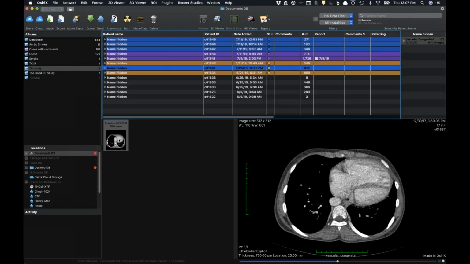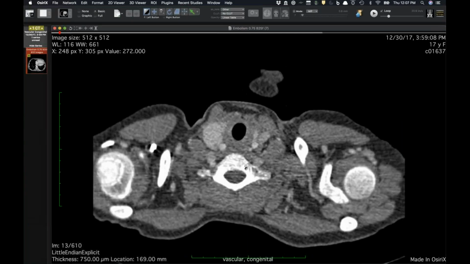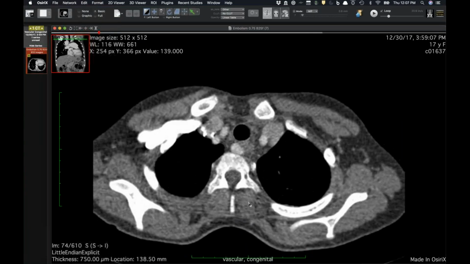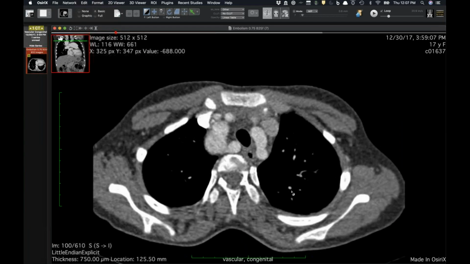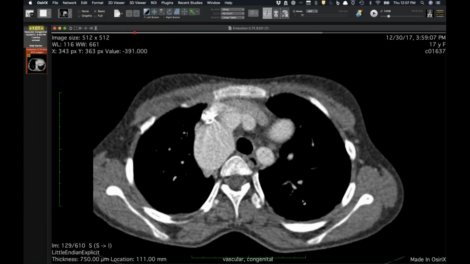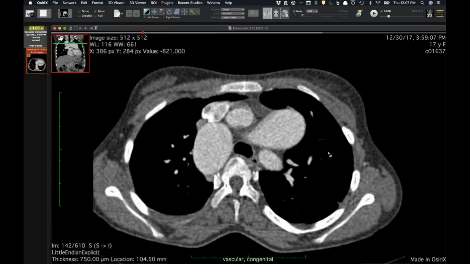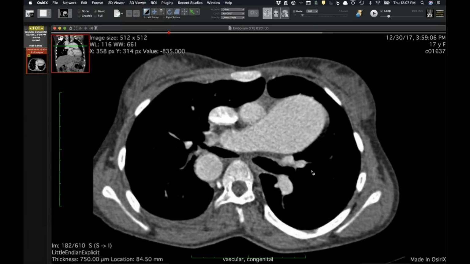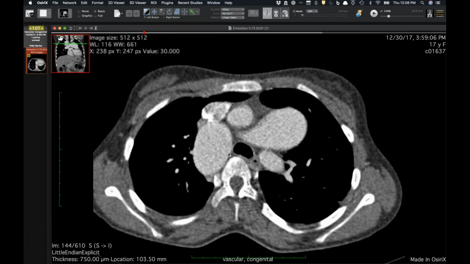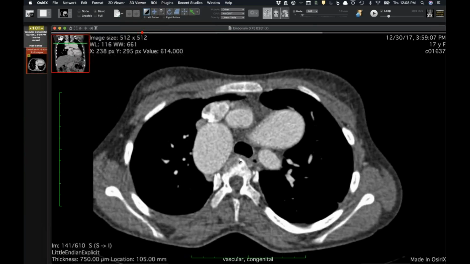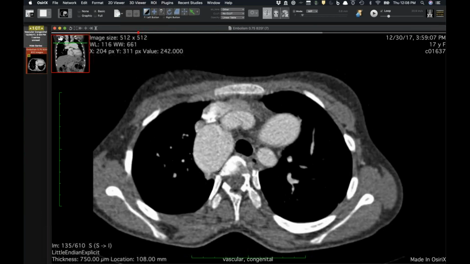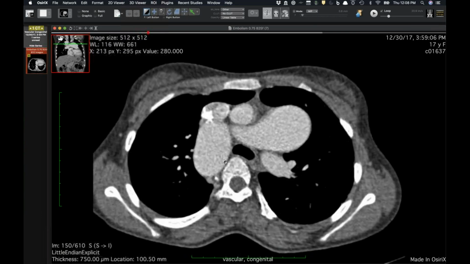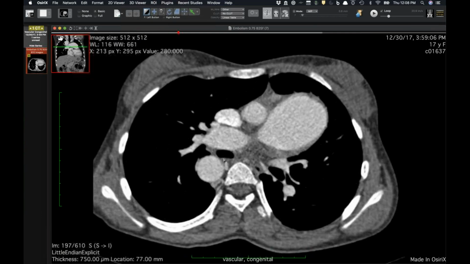So then this gets me to a case that was sent by a colleague. This was sent to both Seth and me from one of our viewers. And this is a crazy case of an adult patient with somewhat distorted anatomy. When we see this one, you see the right arch is patent, and there is no left aortic arch.